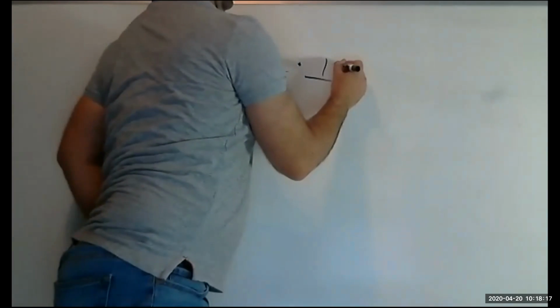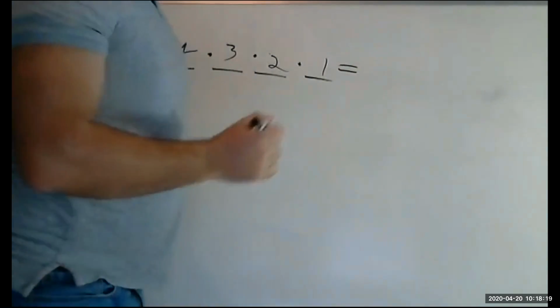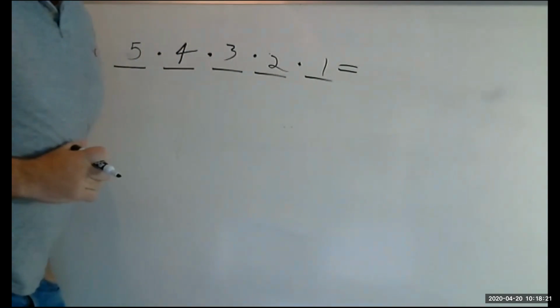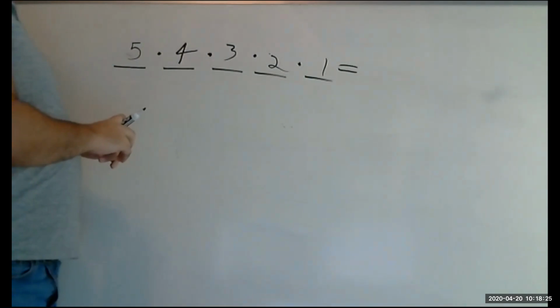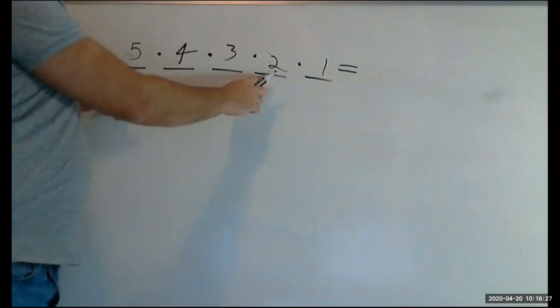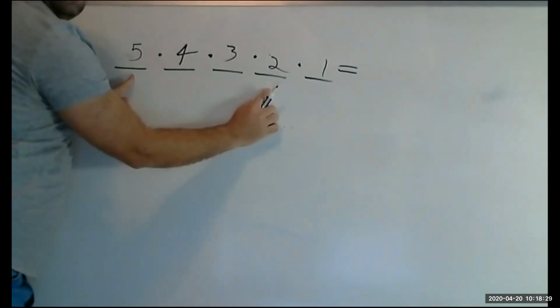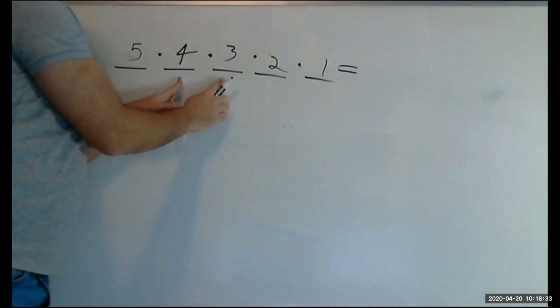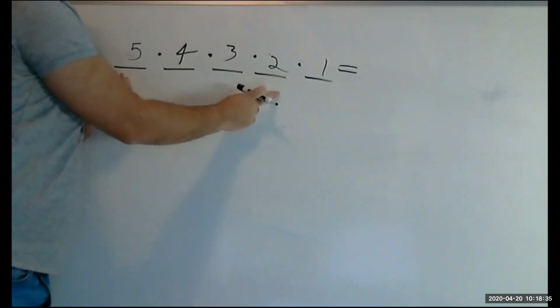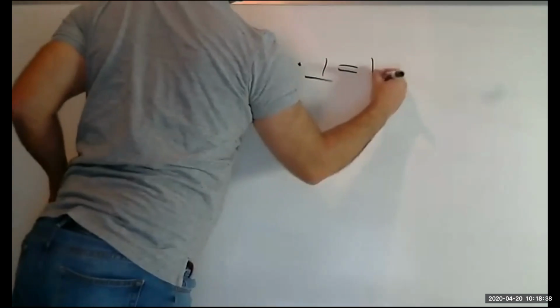Is it 5? Or are you adding them? You have to multiply them. Is it 120? Yeah, it's 120. A quick way to do that: what is 2 times 5? 10. What's 4 times 3? 12. So 12 times 10 is exactly right, 120.